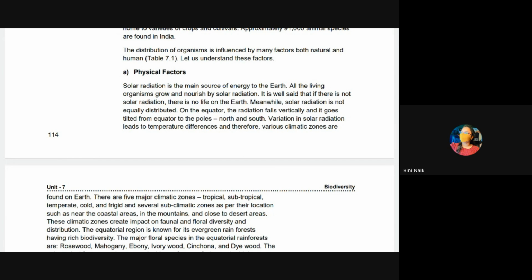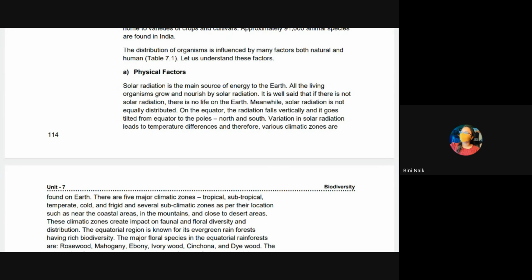First of all, topography or physiography also affects the distribution of organisms. Then climate, because a few organisms can tolerate extreme climatic conditions. In polar regions you will see some sorts of organisms, and you will see different types of organisms in the equatorial and tropical regions.